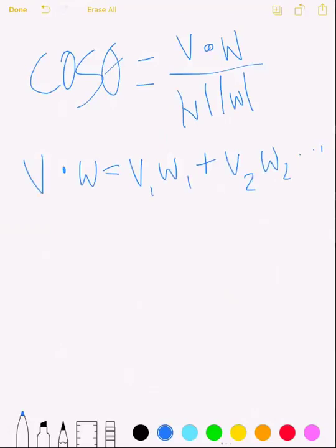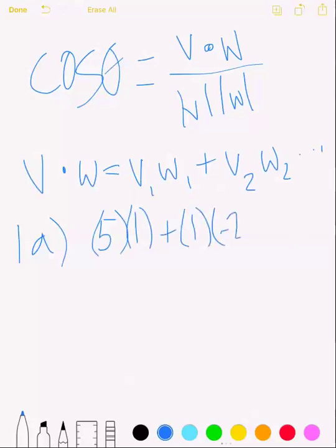So for question 1a, we have 5, 1, 2, and 1, negative 2, 3. So for V dot W, we would get 5 times 1 plus 1 times negative 2 plus 2 times 3.